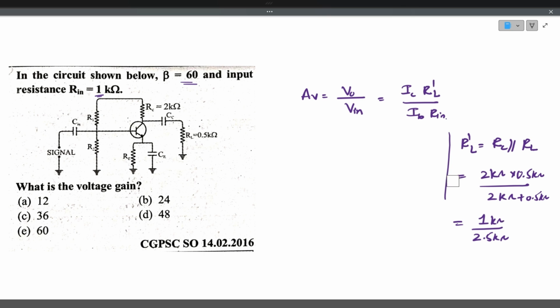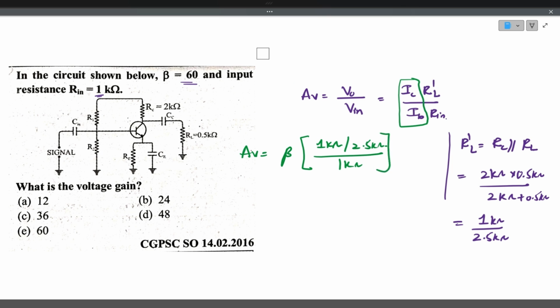Substituting the same here, the output current divided by input current can be replaced with the beta value, and RL dash by Rin. RL dash is 1 kilo ohm divided by 2.5 kilo ohm, divided by Rin which is 1 kilo ohm.